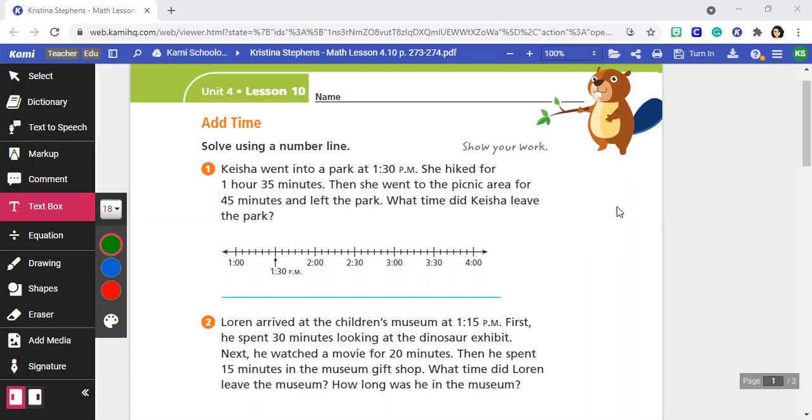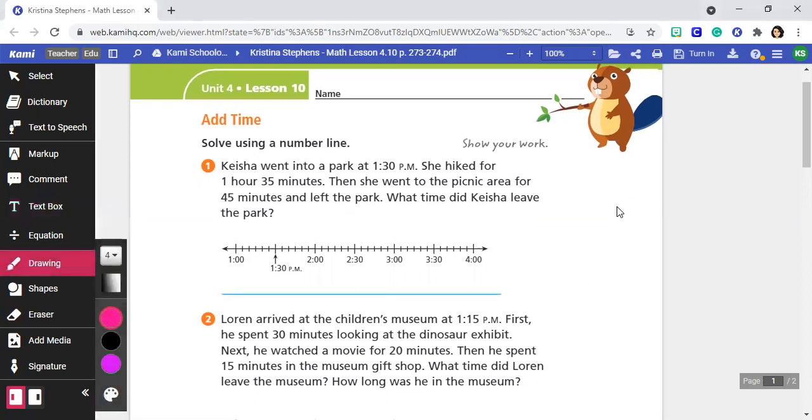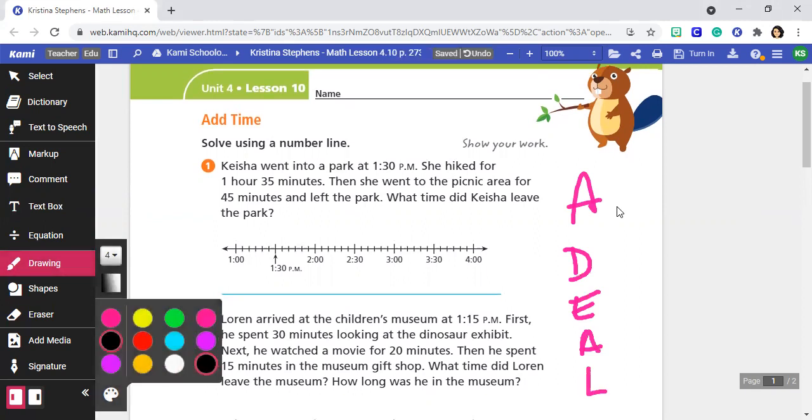For students that are in my class, we know that we usually have to show a DEAL. And what I mean by a DEAL is that's an acronym for annotating, a math drawing, an equation, an answer, and a label. Well, in these problems, we aren't going to be including an equation.